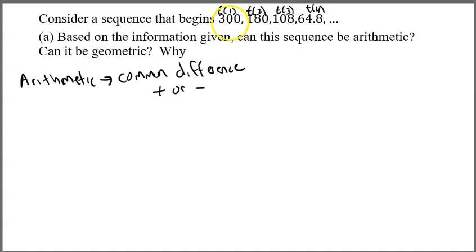To get from 300 to 180, what's 300 minus 180? Well, that's 120. So I'd be subtracting 120. To be arithmetic, I'd also have to subtract 120 from 180 to get the next term. If I take 180 and subtract 120, I get 60. Well, the third term is 108, so this can't be arithmetic.